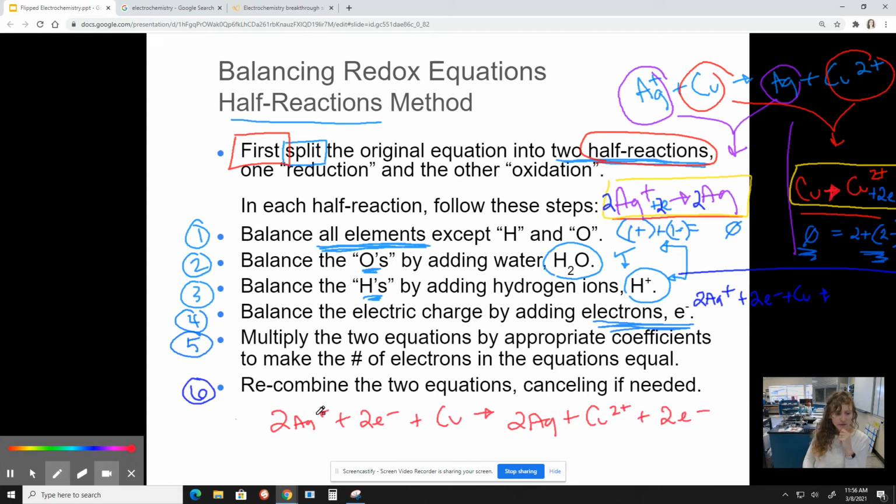And notice in my equation I have electrons being transferred from one thing to the other thing. And so I don't actually have to include these electrons in the final equation. Since they show up on both sides, I can delete them and I get a final equation.